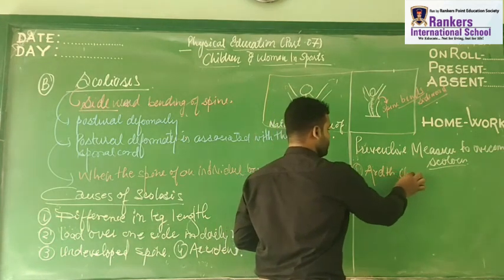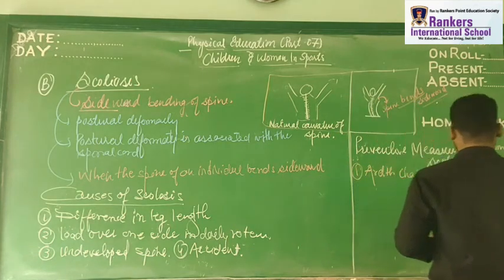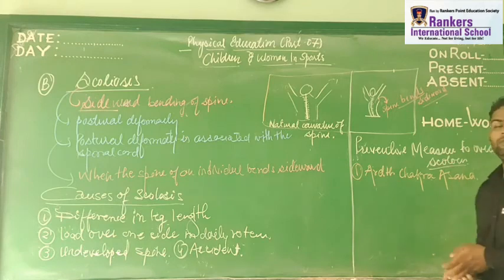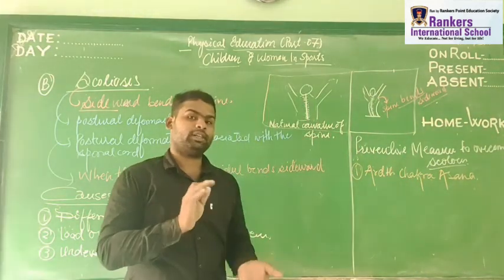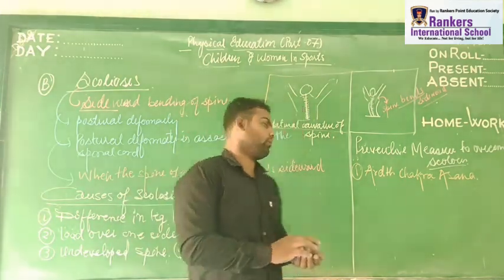The very first thing is Ardha Chakrasana, because when we perform Ardha Chakrasana in the opposite direction to where the deformity occurs, you will have to bend in the opposite direction of the deformity.